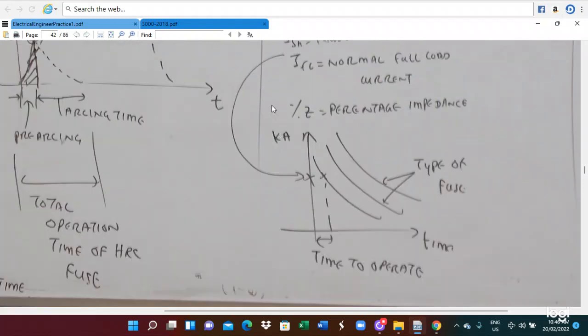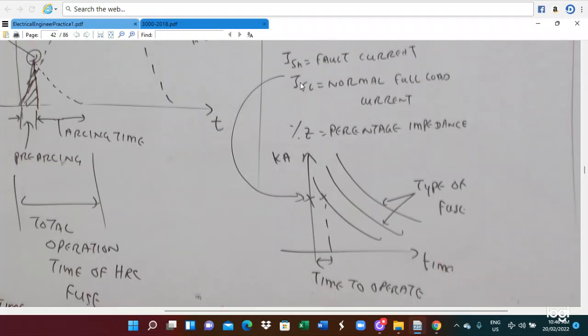So the fuse characteristics are inverse characteristics depending on the type of fuse. Horizontal is time, vertical is the prospective current. So the short circuit current for the fault will be calculated, and this way the diagram can be drawn. In this case, we can set up the operating time, and then determine the appropriate fault current level.